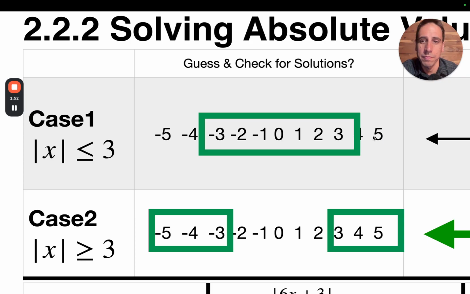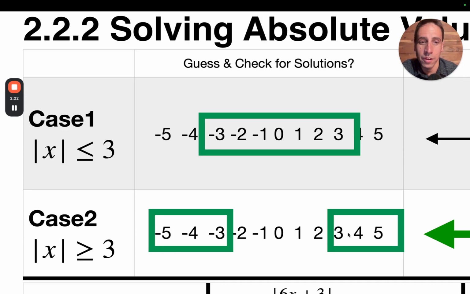+5, same thing. Case 2 is going to be very similar in setup, and I'm going to guess and check the same numbers, but I've green boxed the numbers that work. You can see 0 is not going to work in the original. Absolute value of 0 is not greater than or equal to 3. But if you put in +5 or even -5, when you take its absolute value, it is +5, and yay, +5 is greater than or equal to 3.